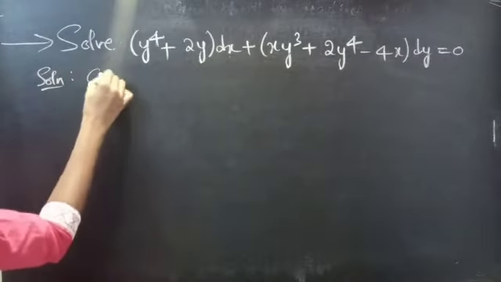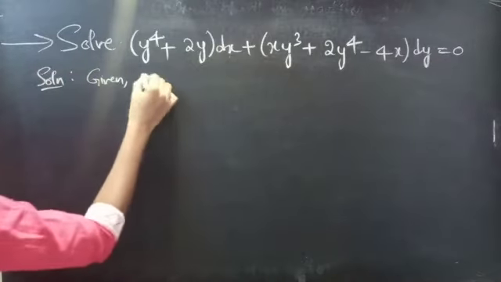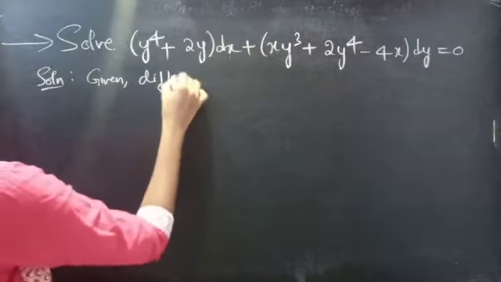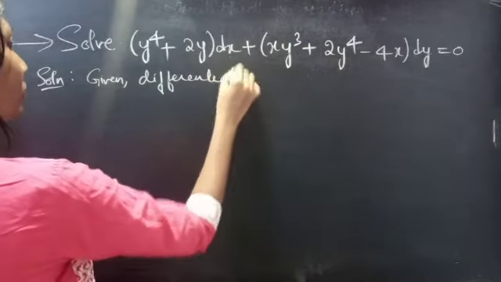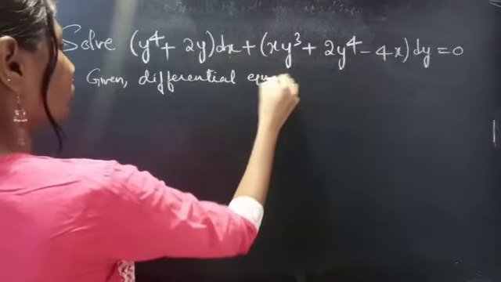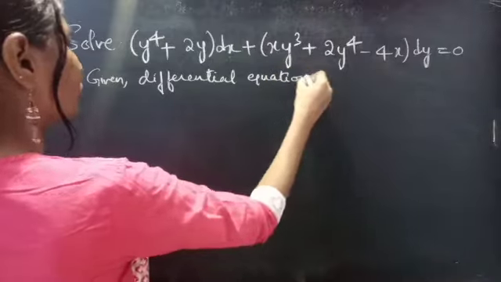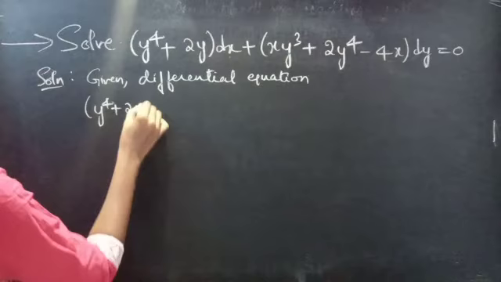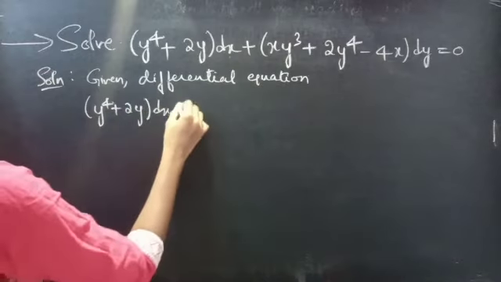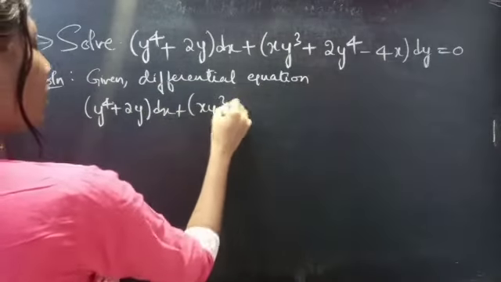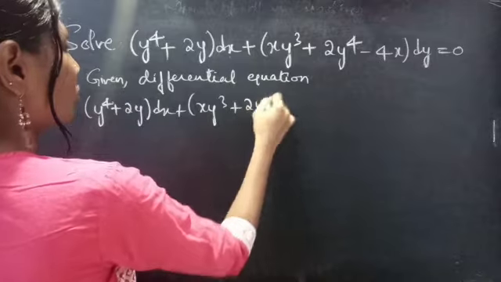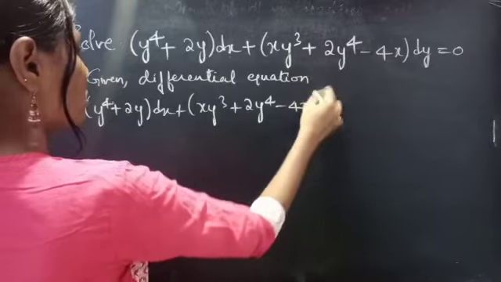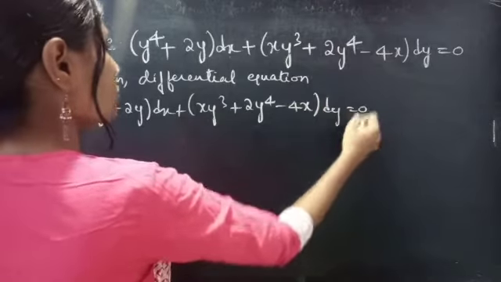Solution. Given differential equation: (y^4 + 2y) dx + (xy^3 + 2y^4 - 4x) dy = 0.